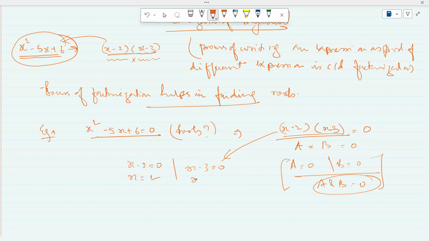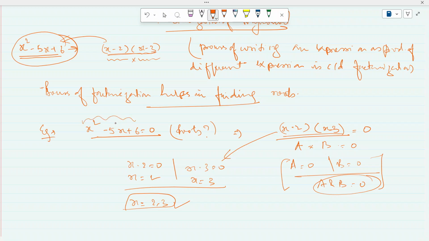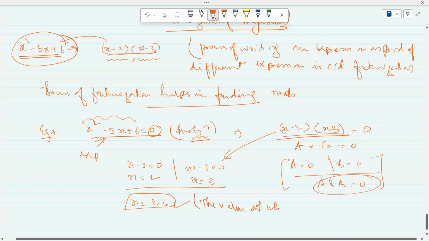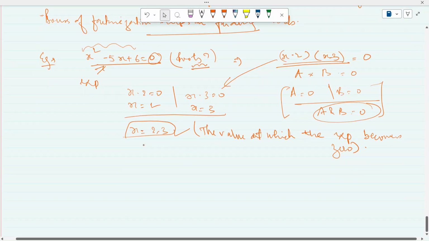So x is equal to 2 and x is equal to 3. We see that when x is equal to 2 and 3, the expression on this side equates to 0. So basically these are the roots. Roots mean the values at which the expression becomes 0. So using factorization we can find the roots of an equation.